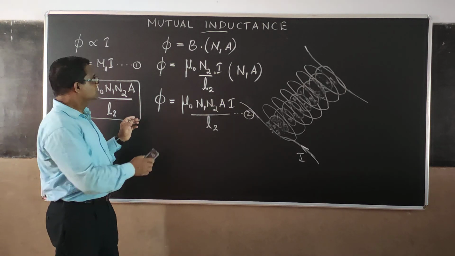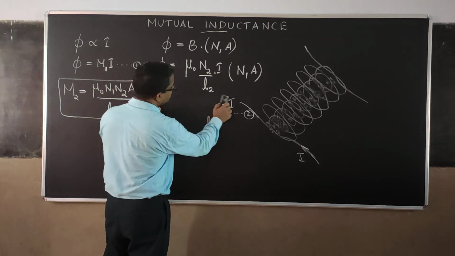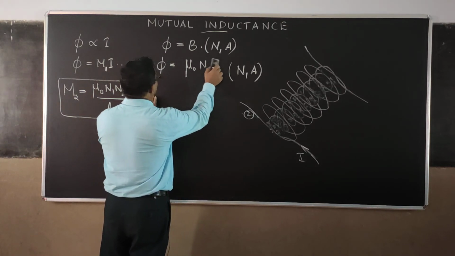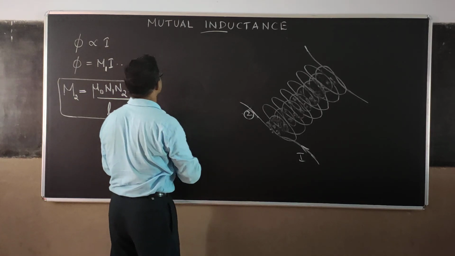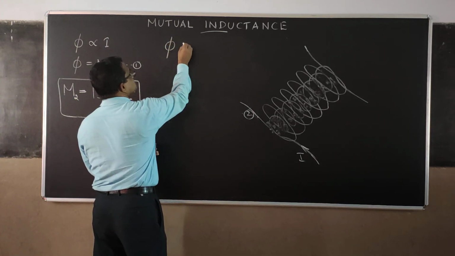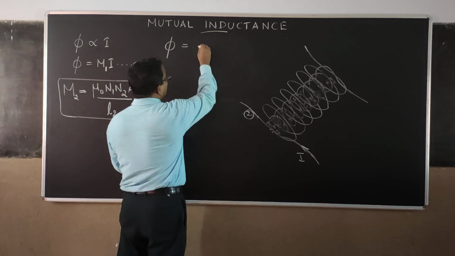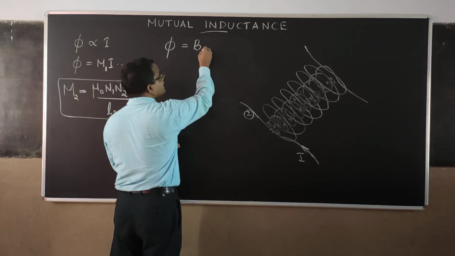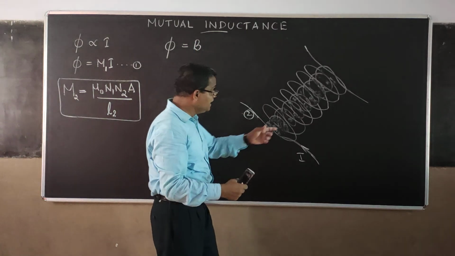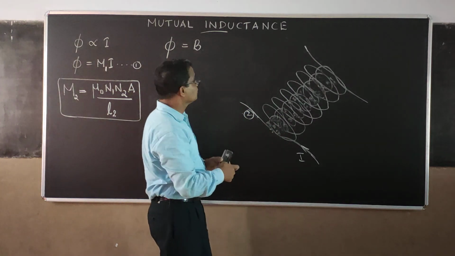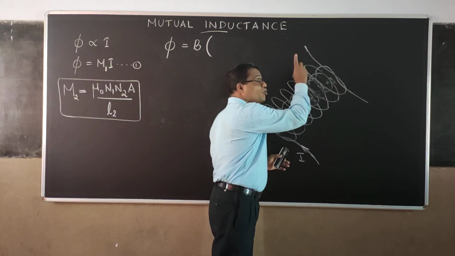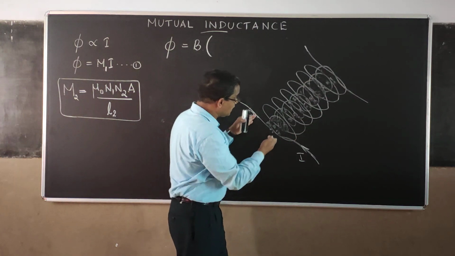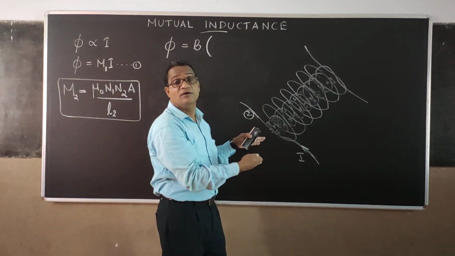Then in terms of field and area, flux phi is equal to the magnetic field produced inside the inner coil into the total area of the outer coil linking with the field.